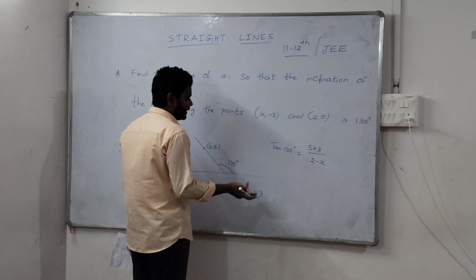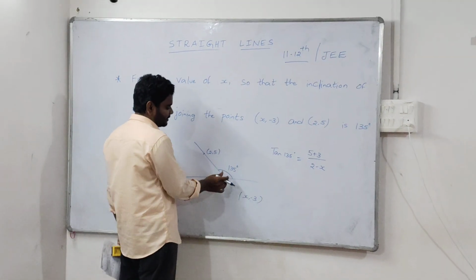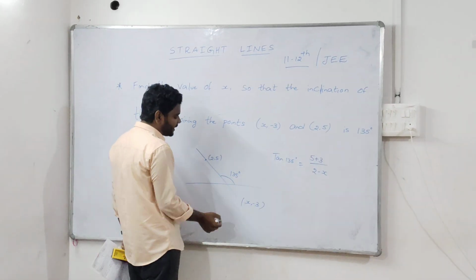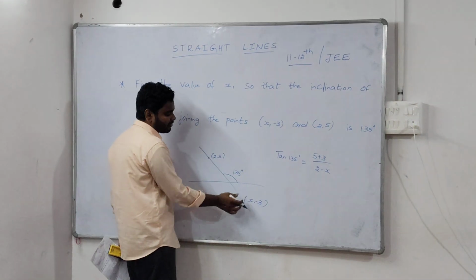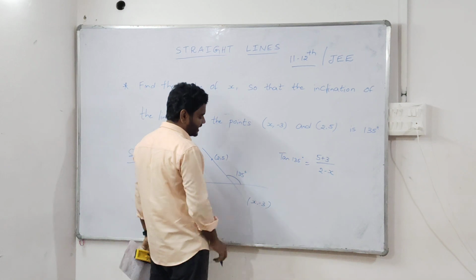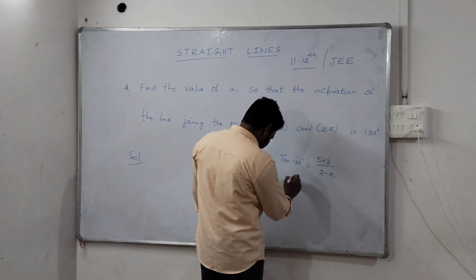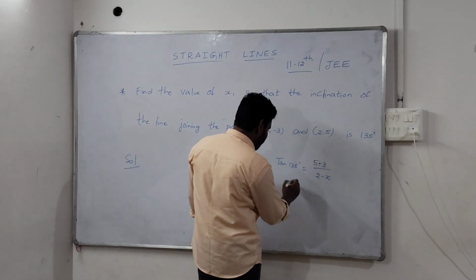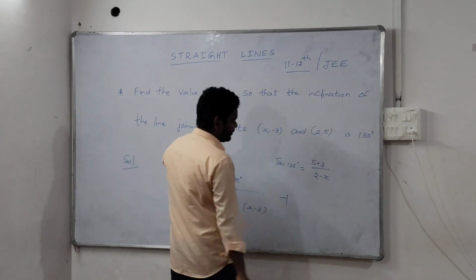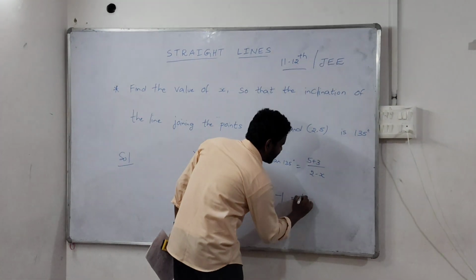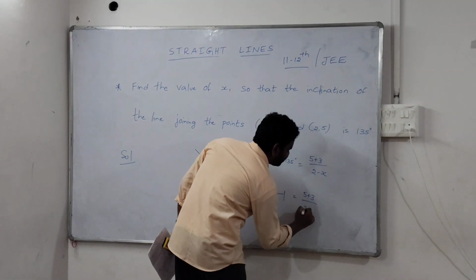So what we wrote is the slope form when theta is given. Tan 135 comes out to be minus 1, which is equal to 5 plus 3 by 2 minus x.